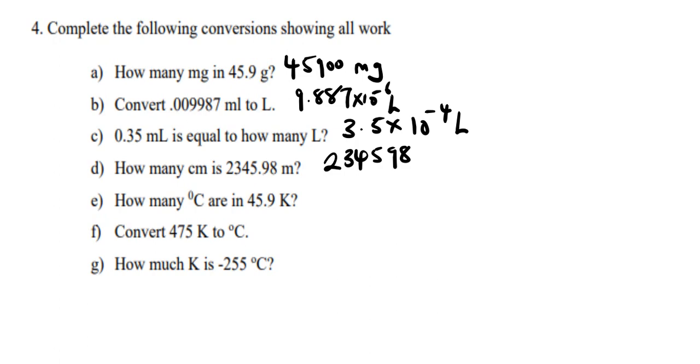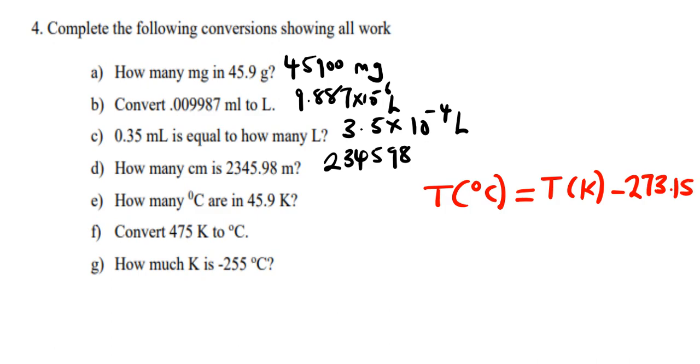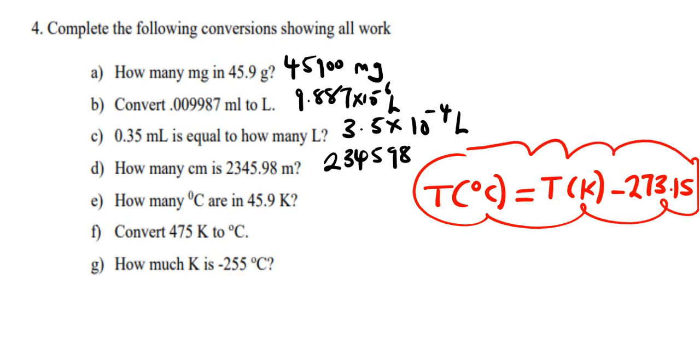You have to know that if I've got a temperature in degrees Celsius, the way I'm going to find it is you take your Kelvin temperature minus 273.15. This is a conversion factor. I don't want you to forget this conversion factor.